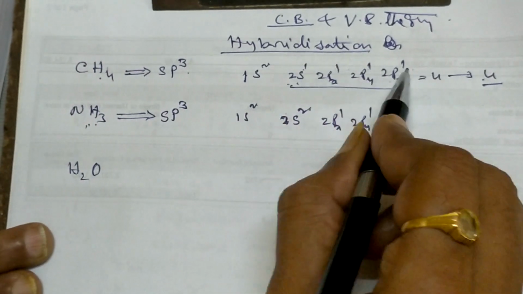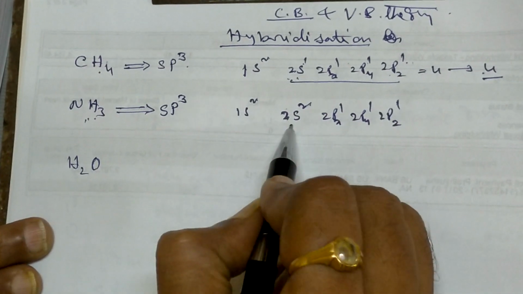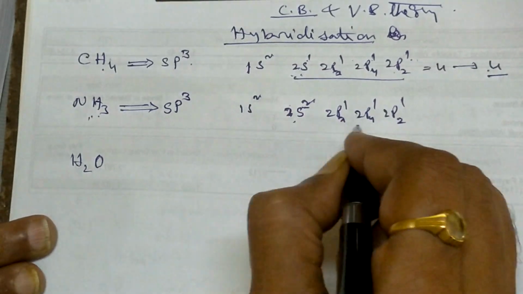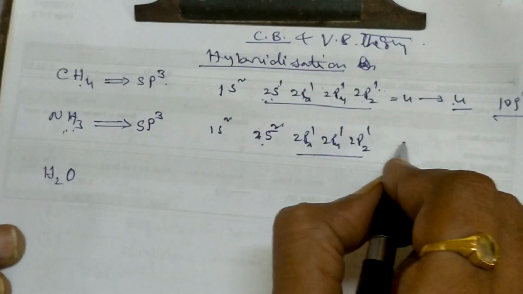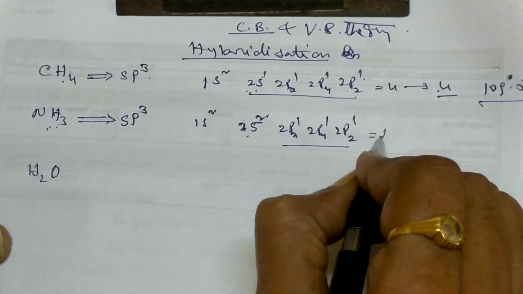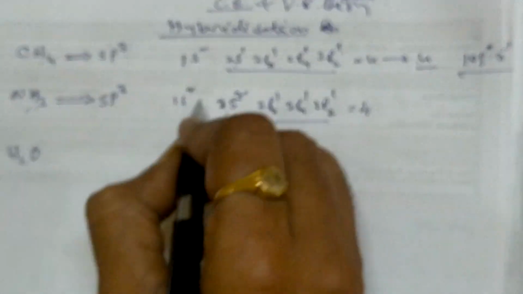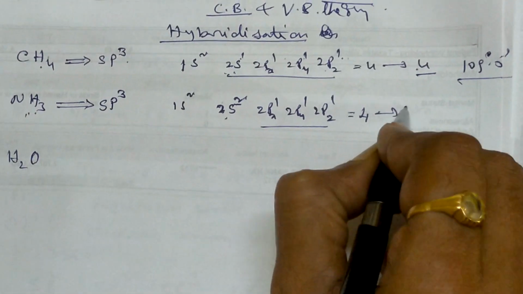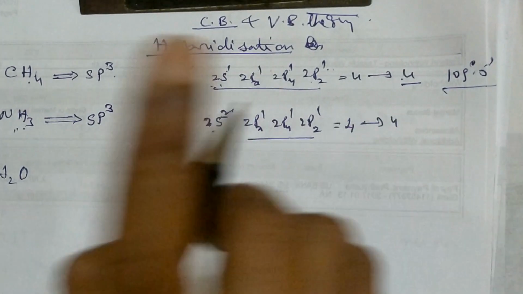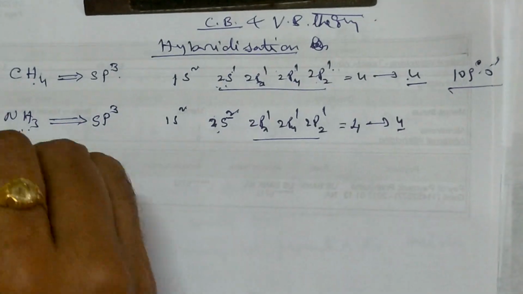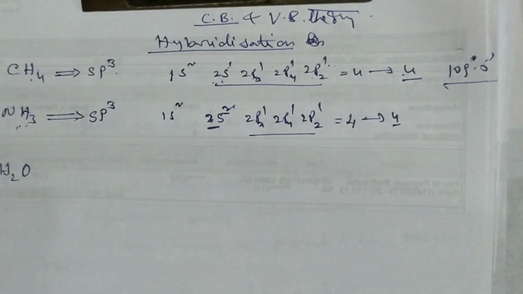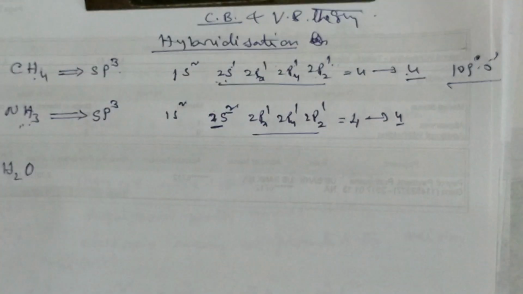Here the s orbital is the lone pair one and the three p orbitals have one electron each, and hybridization is sp3. So the result is that the 4 orbitals hybridize and give 4 sp3 hybrid orbitals, but not all 4 are equal. Why? Because 1 lone pair orbital is formed and 3 single-electron orbitals.